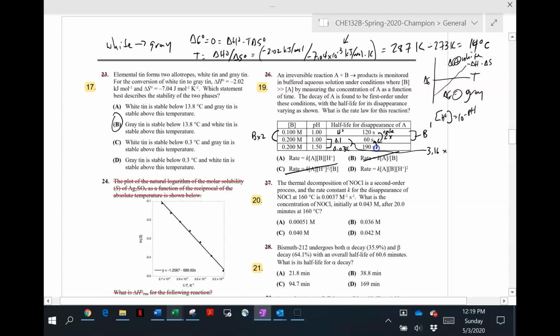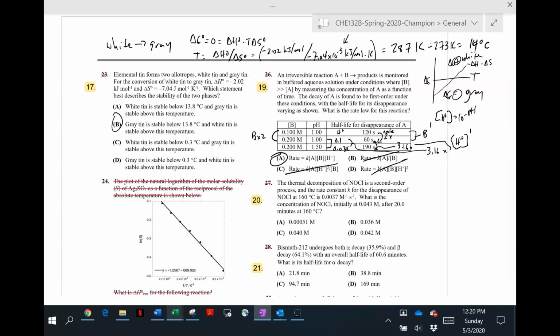If I look at the rate for that, that's a 3.16 increase as well. So that tells me that the hydrogen ion is also first order. And so our answer is going to be A, that the hydrogen ion is first order, and that we have to get the B from the first two data points with constant hydrogen ion.